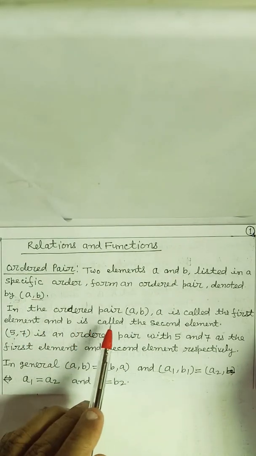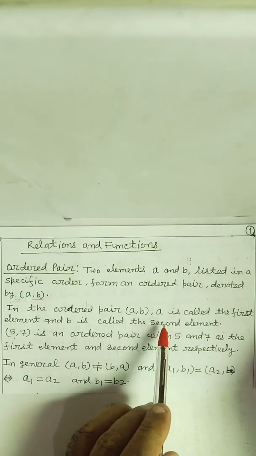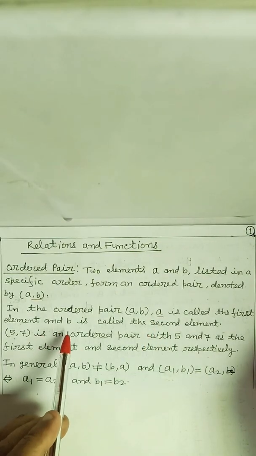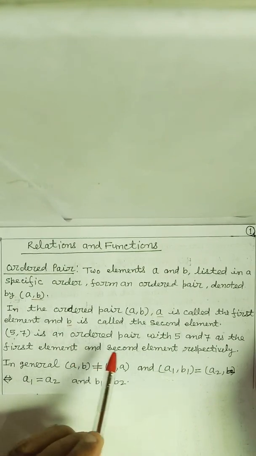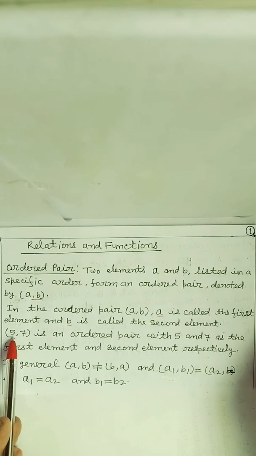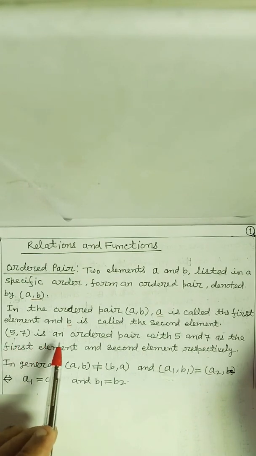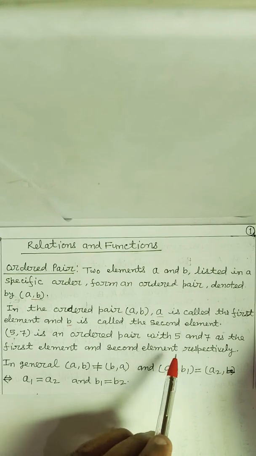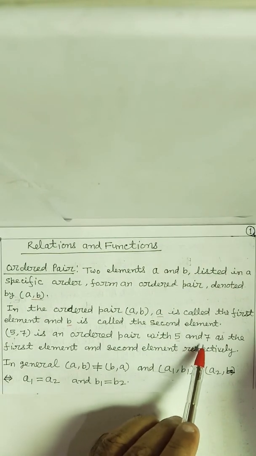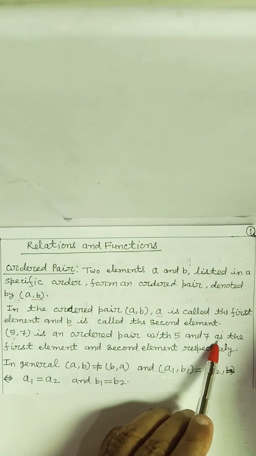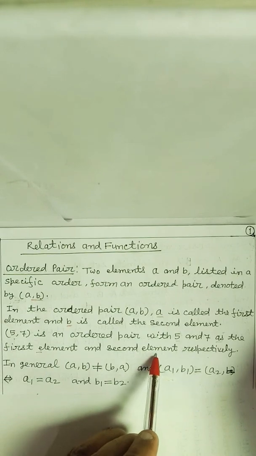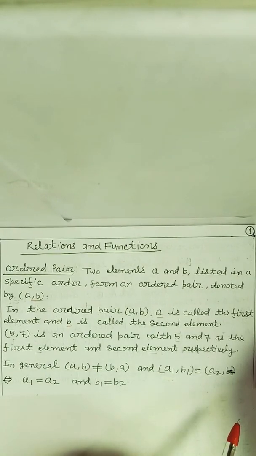In the ordered pair (A, B), dear students, A is called the first element and B is called the second element. For example, (5, 7) is an ordered pair with 5 and 7 as the first element and second element respectively.